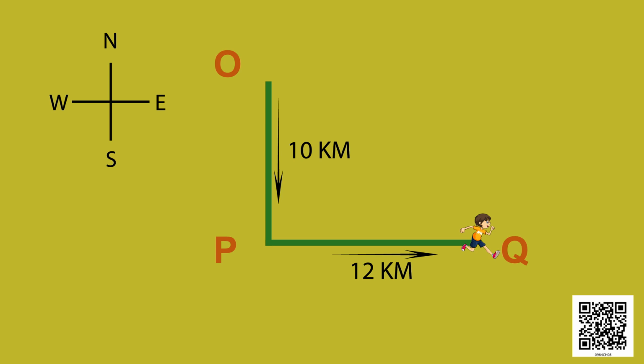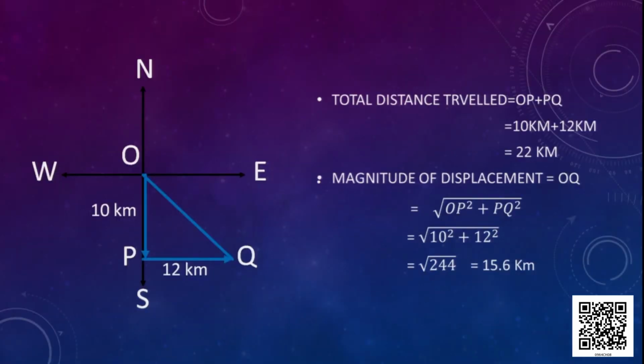Here you need to calculate the distance and displacement of Balbir. What is the total distance travelled? Total distance travelled equals OP plus PQ, equal to 10 km plus 12 km, equal to 22 km.